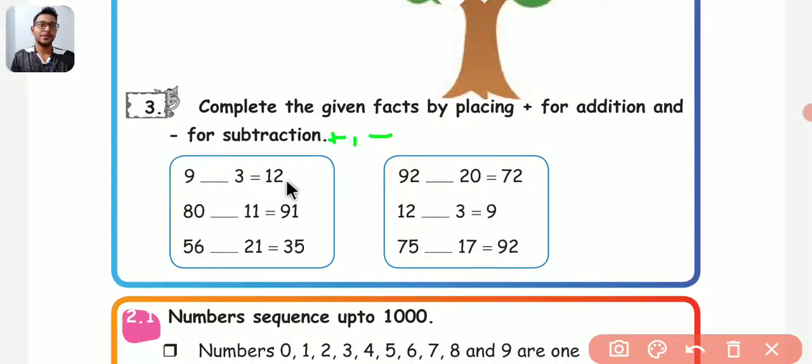If you have the biggest number after the equal symbol, then you have to put plus here. You have to compare the three numbers. The number coming after equal to, that answer must be bigger than the other number. Then you have to put the symbol plus.